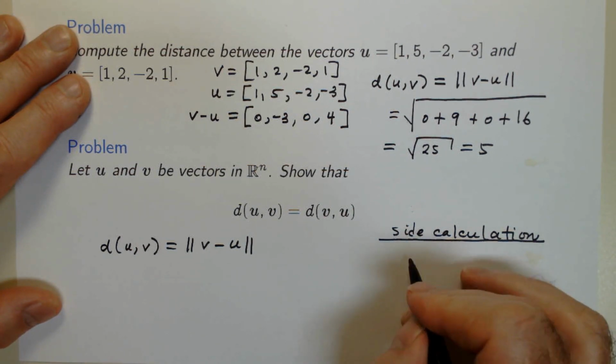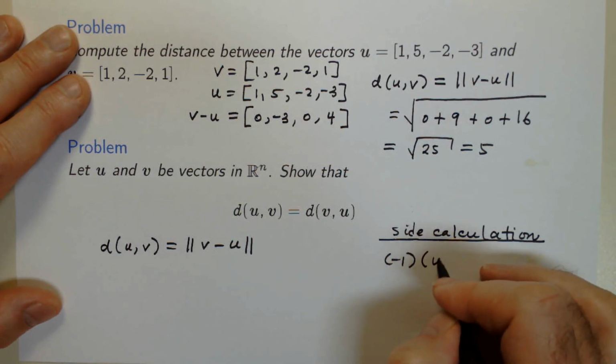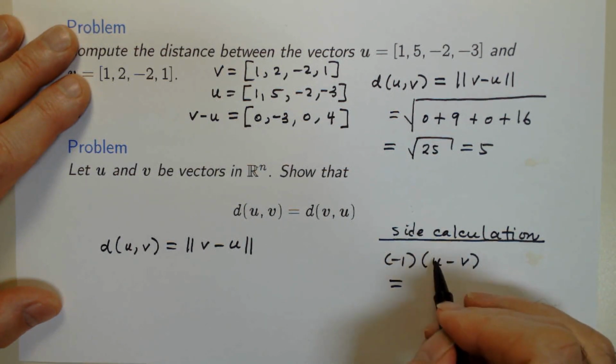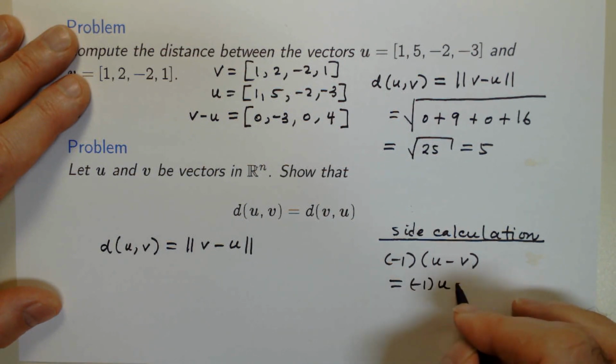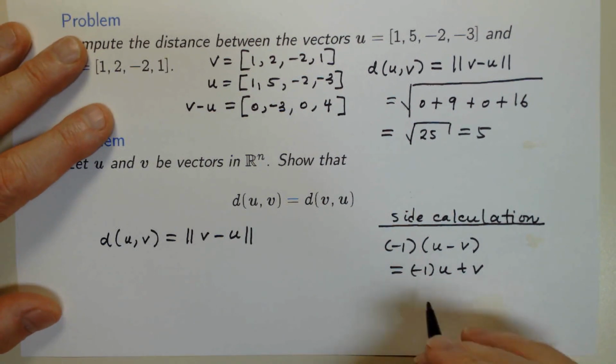When I take the scalar negative 1 times u minus v, I can distribute that and I get negative 1 times u plus v, and I can commute the order of the vector addition.